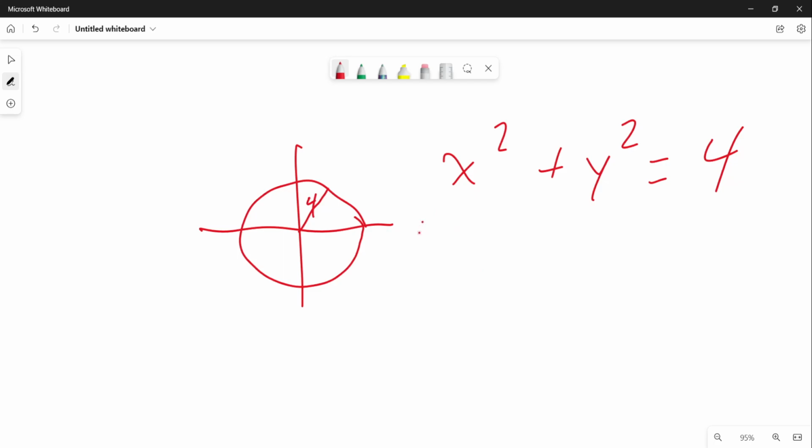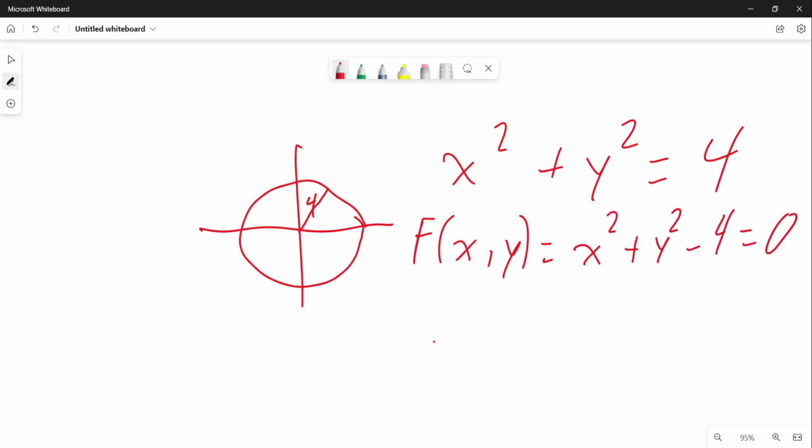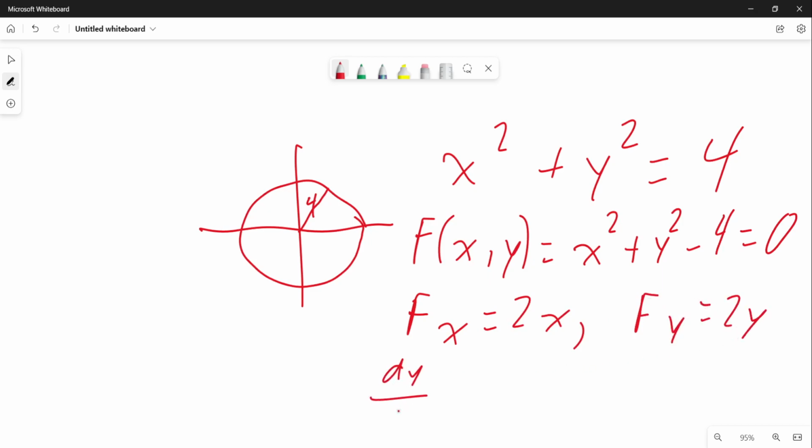Then you could rewrite this as f of xy equals x squared plus y squared minus 4 equals 0. Then using the same formula, fx is 2x, fy is 2y, so dy over dx is negative 2x over 2y, which is negative x over y.